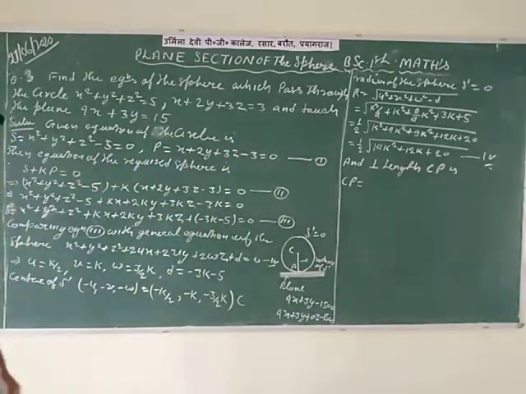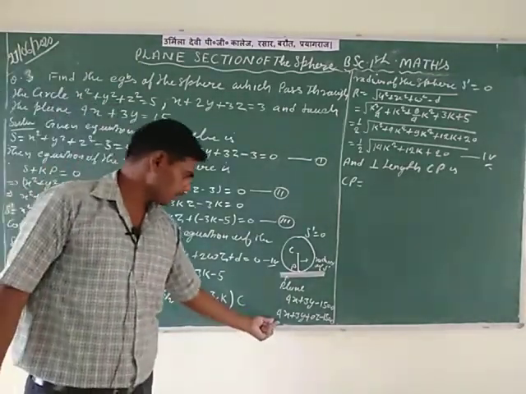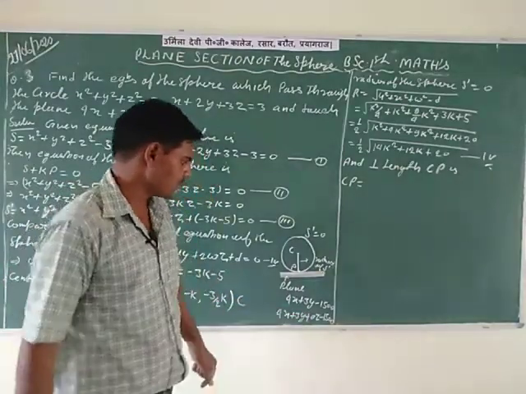Here the center is (-k/2, -k, -3/2) and the touching plane is 4x plus 3y plus 0z minus 15.